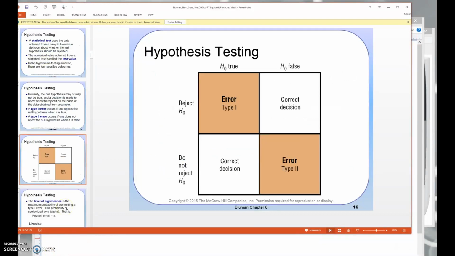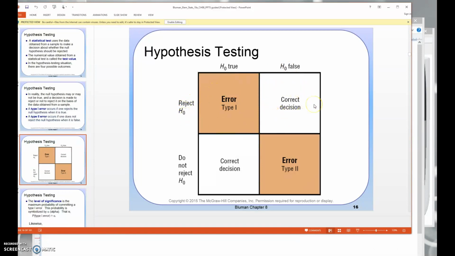On this next slide, you'll notice the situations that can happen. Up at the top, the null hypothesis is true, but the researcher says we're going to reject it. That is what we call the type 1 error. Now here is where the null hypothesis is false, and we reject that null hypothesis.